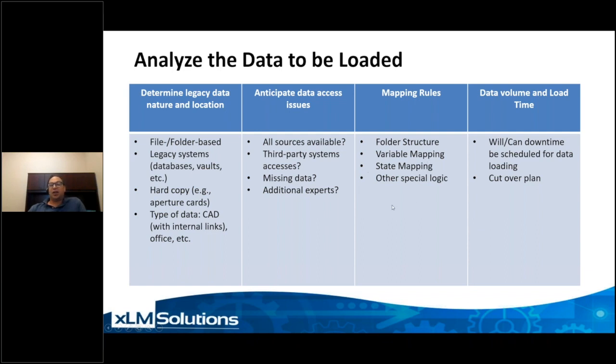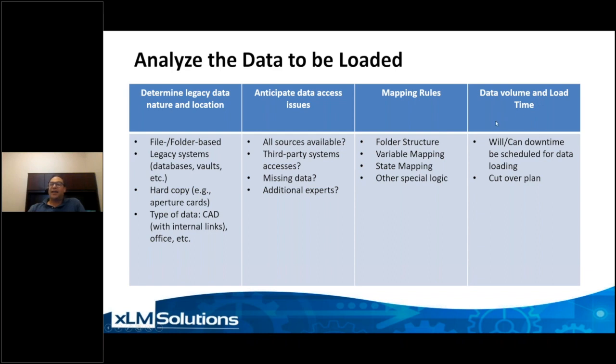And is there any other logic that needs to be in place to help map or transform the data? For example, a very simple example, maybe in the source system, revisions were numeric, 1, 2, 3, 4, 5, but in PDM, revisions will be alpha, A, B, C, D, etc. So, do we have to transform a numeric revision to an alpha revision?